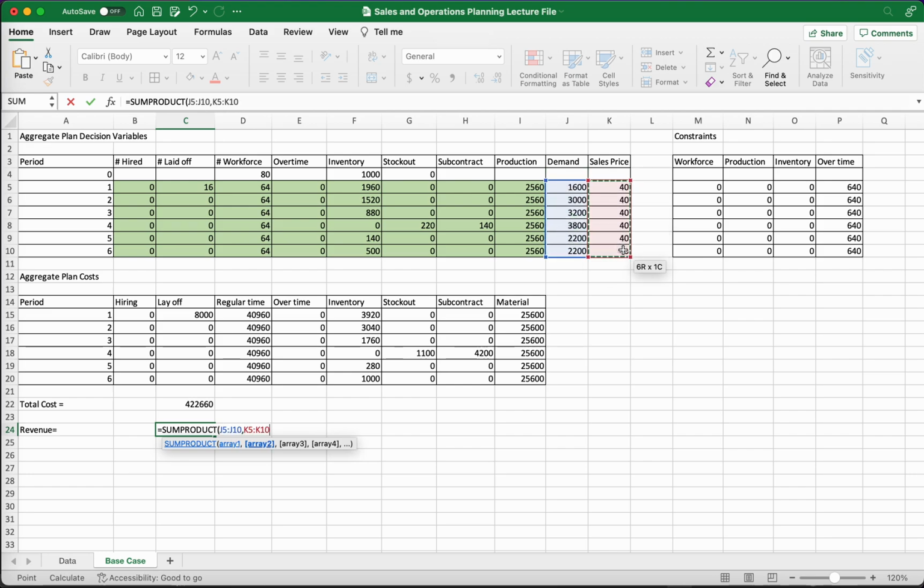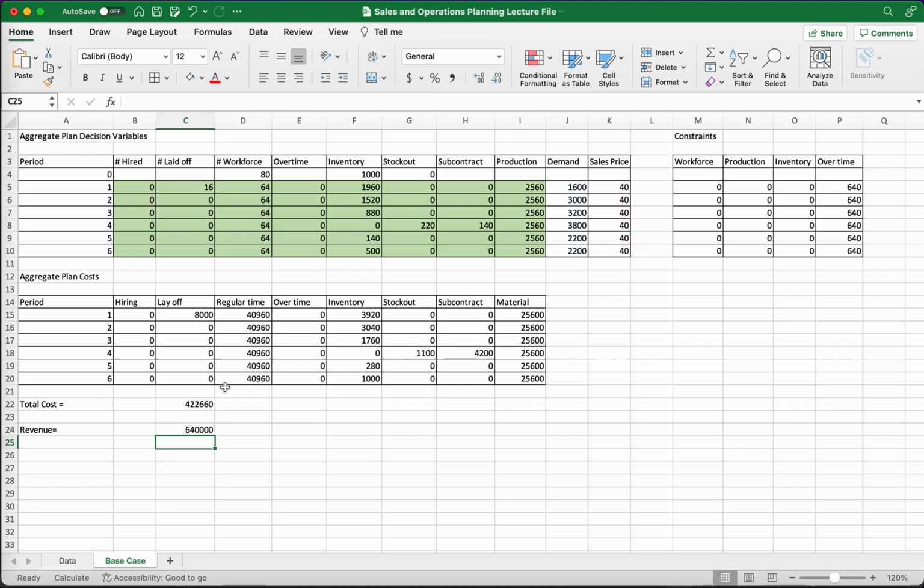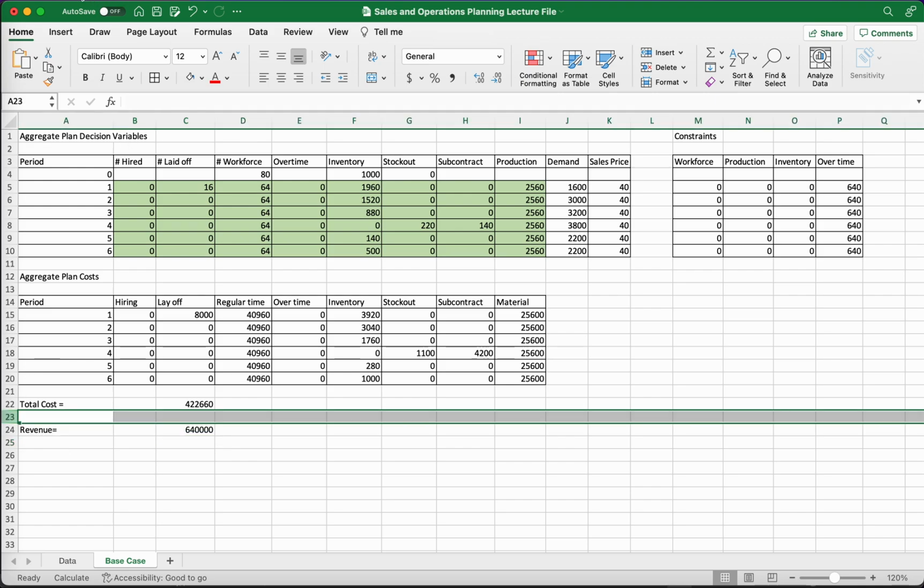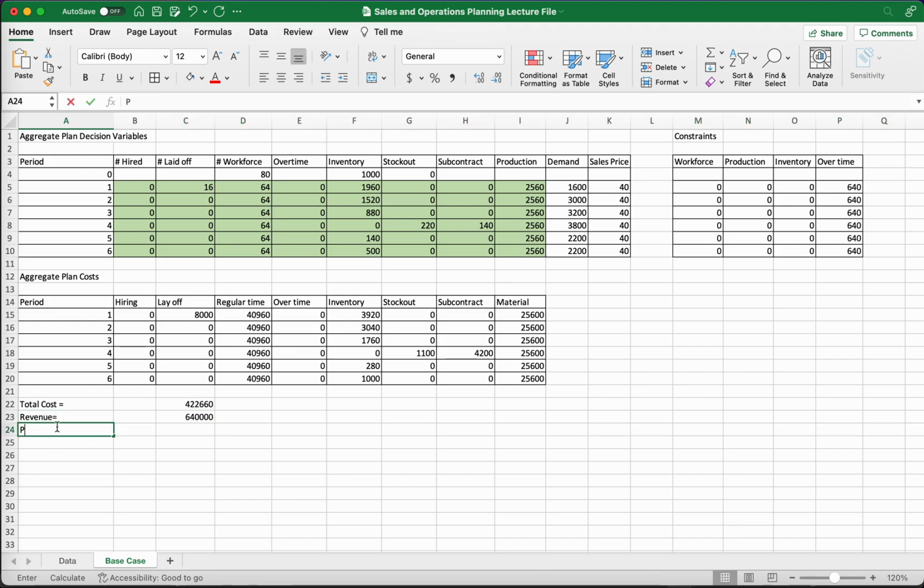Right now, because everything is $40, this is the base case and nothing's going to change. That's good for $640,000. Profit will be equal to the difference, so this is how much money we expect to make, $217,340. That's the net profit in the base case.